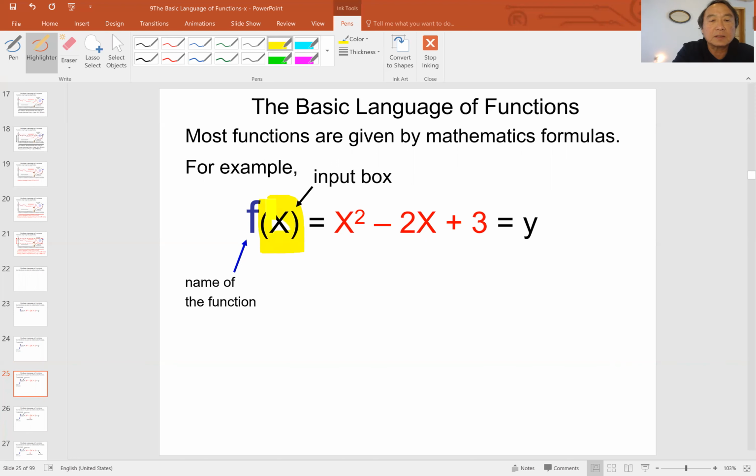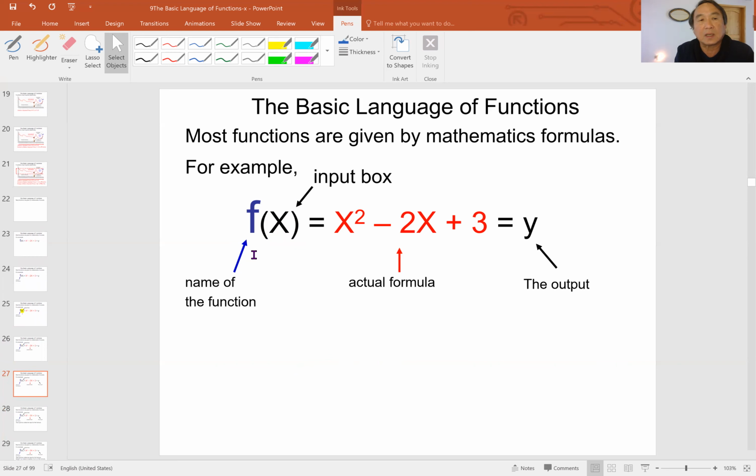It's not multiplication. Do not confuse this with f times x. Sometimes we shorten this and just use its name f. And these are different: that's the input box, that's the actual formula, what the f does, and that's the output.